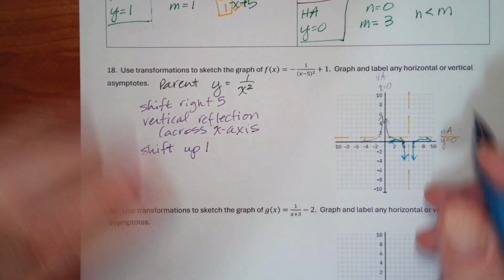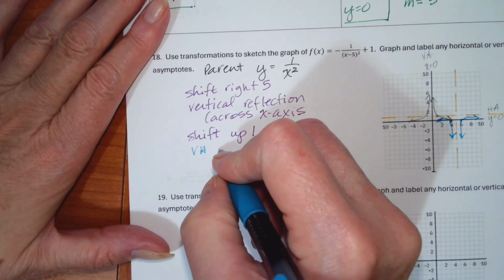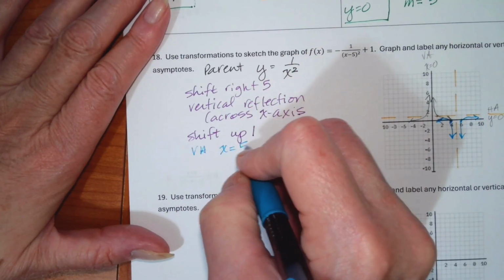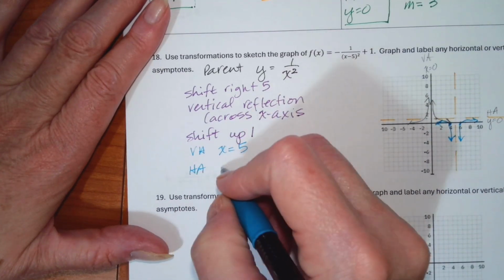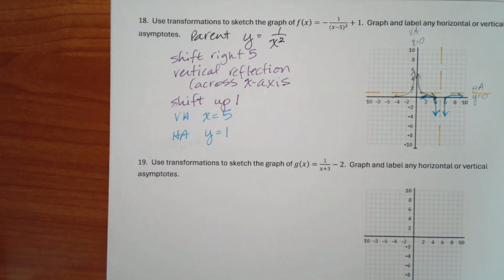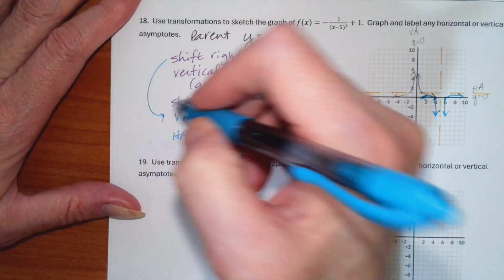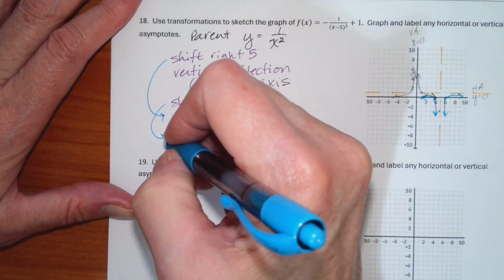Okay, so for my new graph, I have a vertical asymptote at x equals 5 and a horizontal asymptote at y equals 1. Of course, this goes with this, and this goes with this.